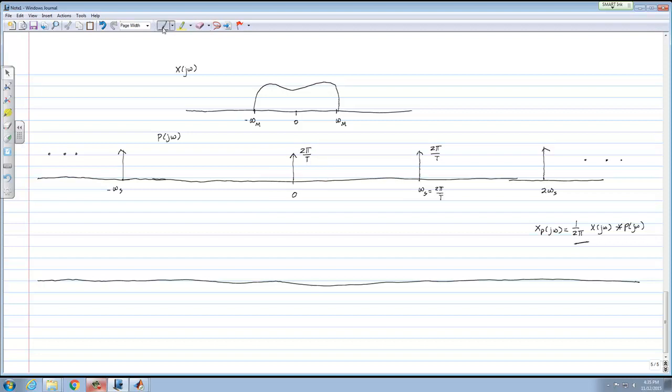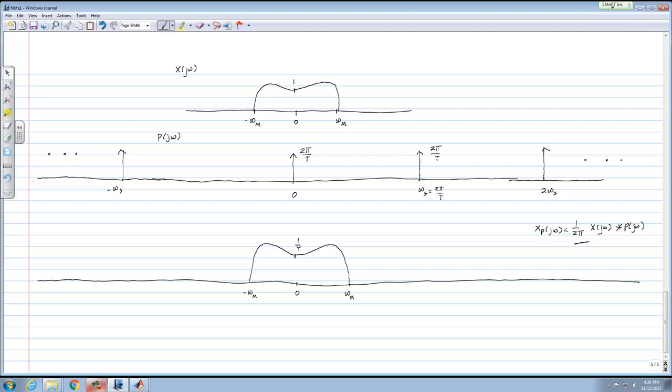So just to make sure we get all our constants clear, let me say that X of j omega is 1 at 0, so that we can keep track of the scaling correctly. Now this value is going to be 1 over T. So this is nothing but a scaled version of X of j omega. You agree?